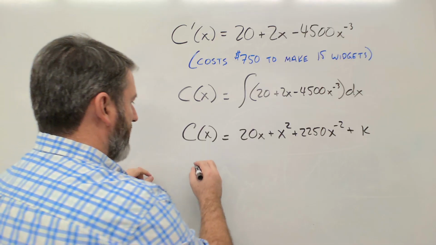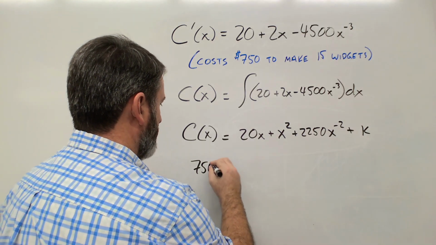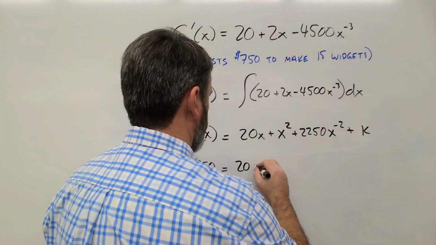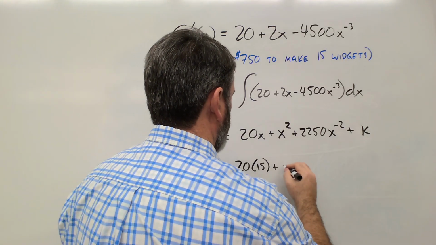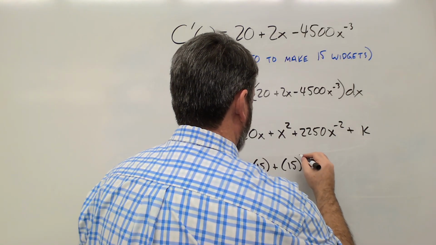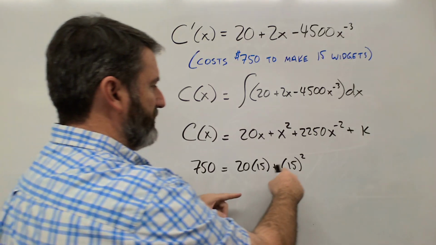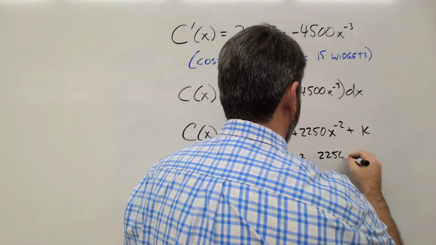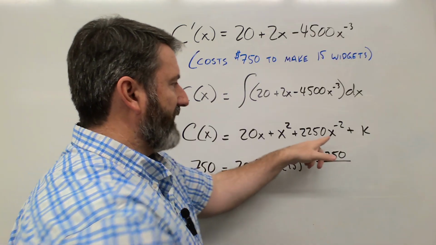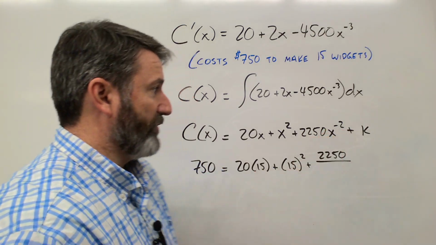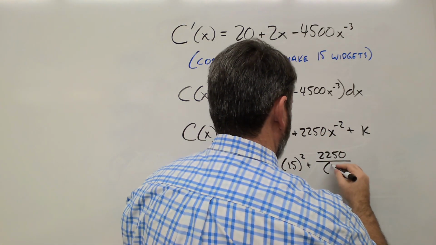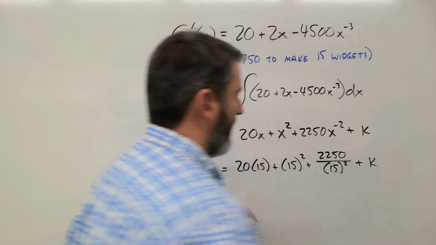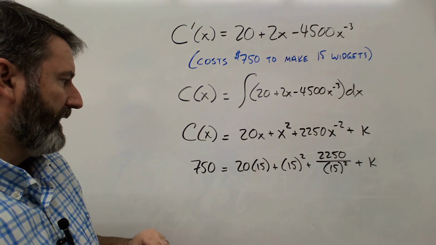So if we replace our cost with $750 and we replace our x with 15, we get 20 times 15 plus 15 squared plus 2,250. I'm going to write this as divided by x squared. So divided by 15 squared plus our constant out at the end.